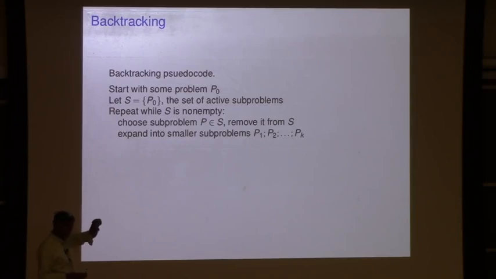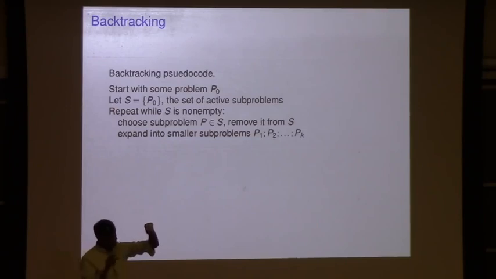You pick one variable, and you make a problem where that variable is set to true. When you set it to true, what happens to the formula? Any clause with that variable in it, which is true, you just delete. Any clause where it's negated, you just remove that variable.